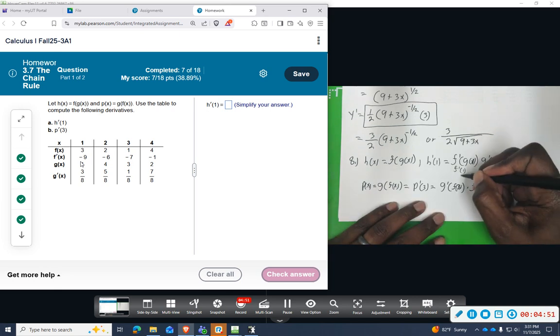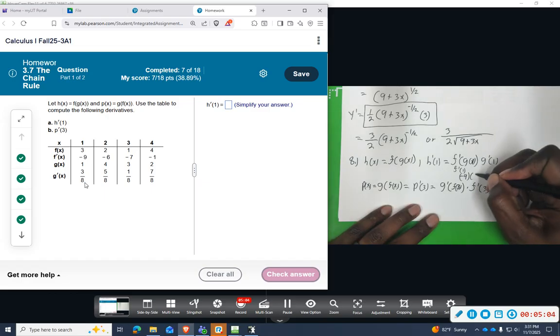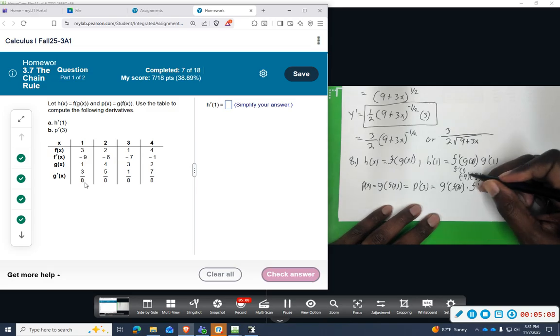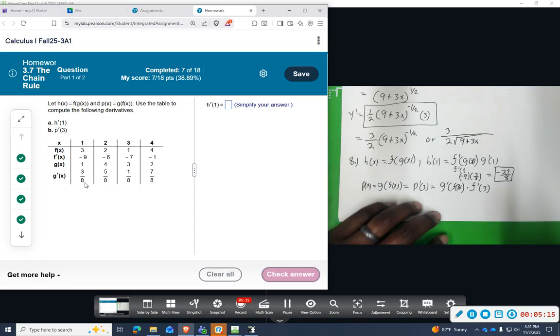So this value is a negative 9, and we're going to multiply that by g prime of 1. So still in the 1 column, going down to the g prime, it's going to give us 3 over 8. 9 times 3, 27. It's going to be a negative 27 over 8 for the first value.